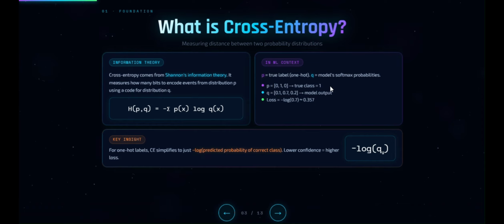Cross entropy focuses only on the probability assigned to the correct class. So the loss becomes negative log of 0.7. As you can see here, the higher the confidence for the correct class, the lower the loss. So the formula here is H(P,Q) is equal to negative summation of P(x) times log of Q(x).